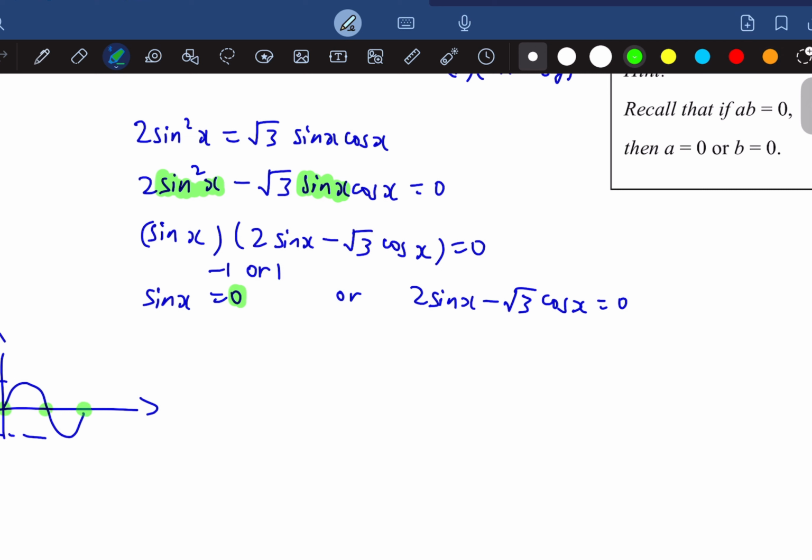For these points, the hypo is on this line. Then at this point, the hypo is at 180 degrees, so the hypo is here.